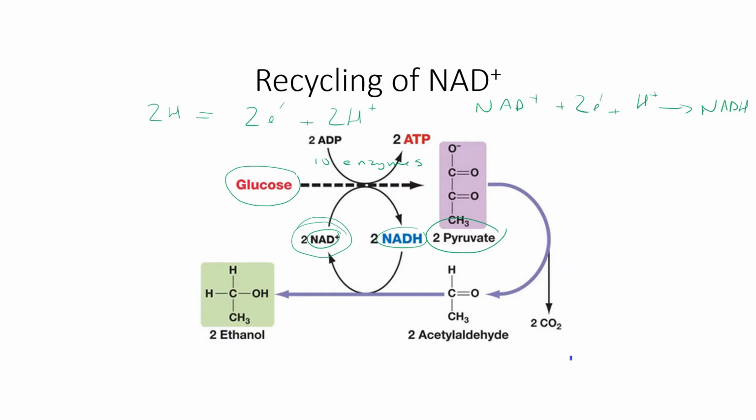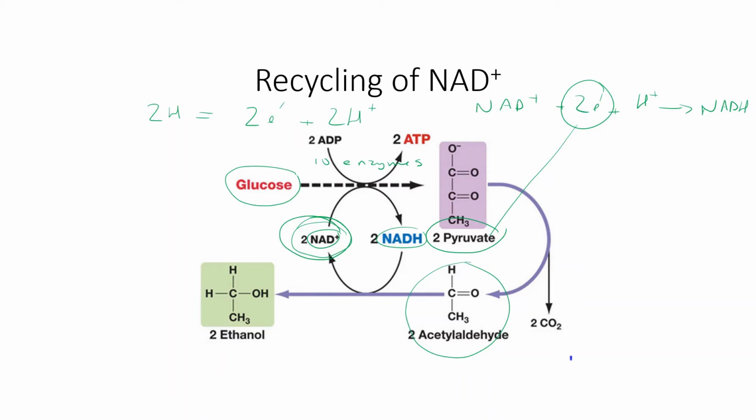We have an electron acceptor known as acetaldehyde, and what it'll do is take back those 2 electrons, and thus our NADH will be oxidized back into NAD+, and therefore we're back to the start and another round of glycolysis can occur.